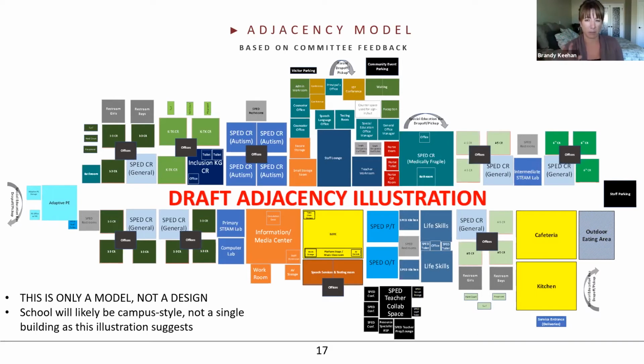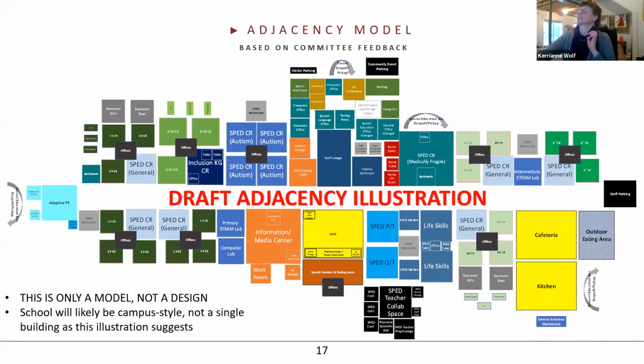So I think maybe the better idea is to take this adaptive PE at the end and move it next to this black box where you have the SPED teacher collab space, instead of moving our life skills classes. I like them at the heart of the school where they're not on the outskirts, but again, that's my opinion. No, and I agree with that. I agree.